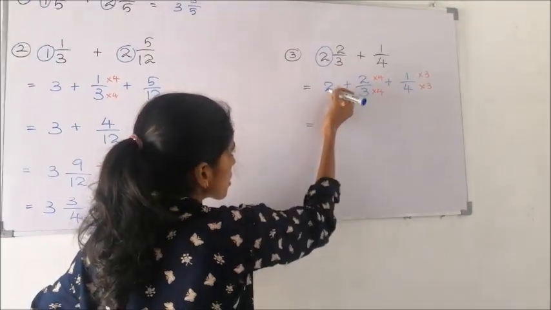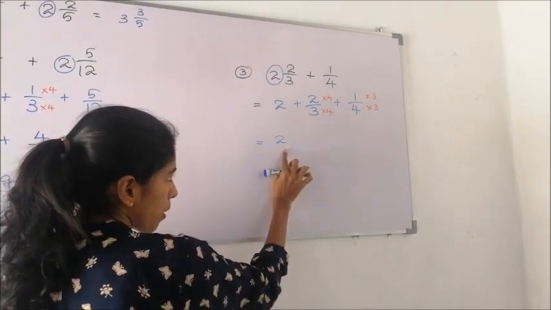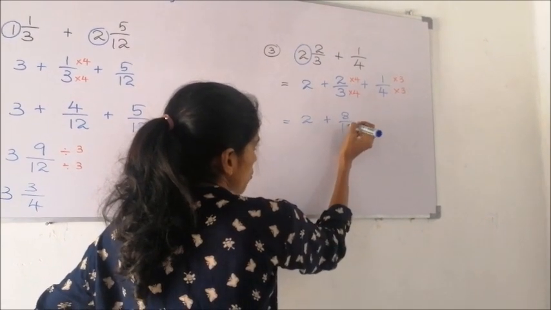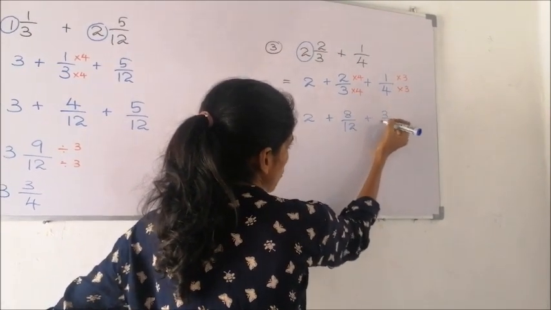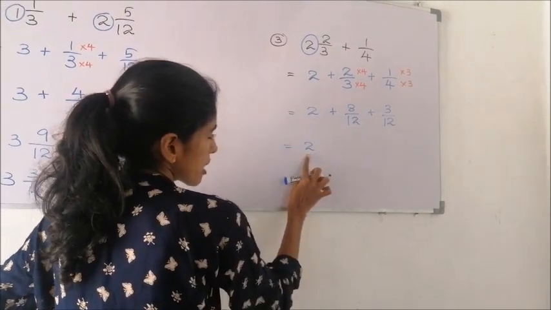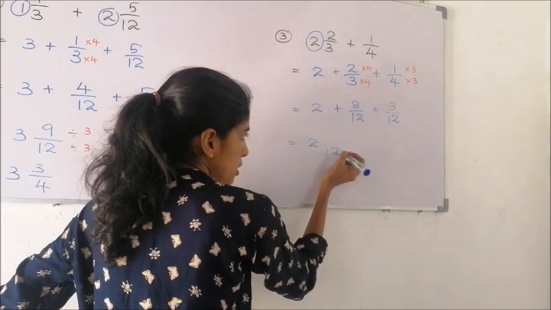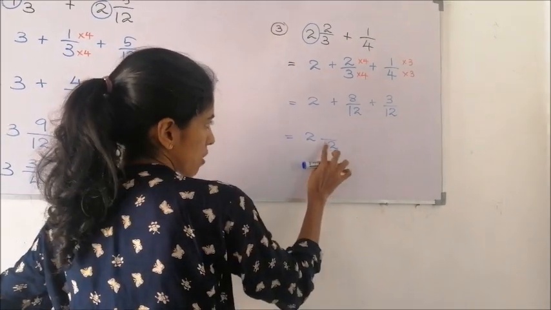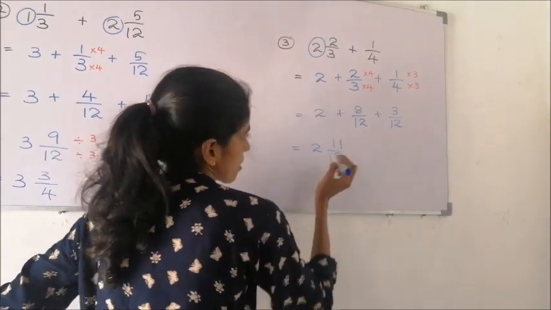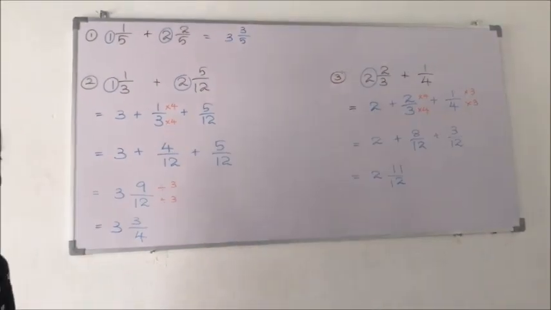Now from here we get 8/12 plus 3/12. Now 2 can be kept as it is. Same denominator, so I am writing it only once. Now we can add these two. 11. Here nothing to be simplified even.